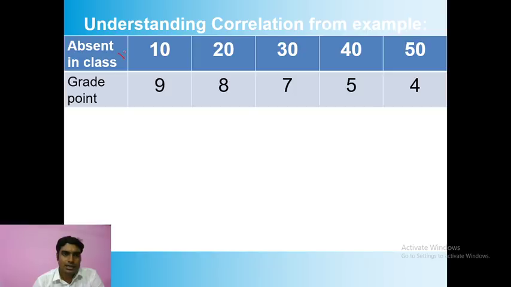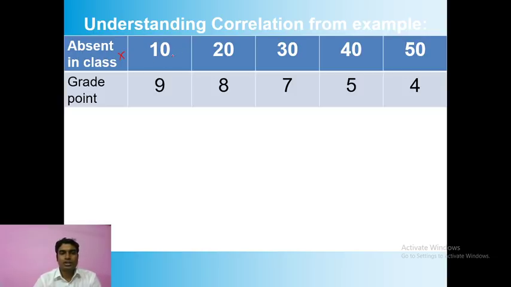Another example, let's say you have this data. The first variable is what percentage of classes one student is absent. If the total is 100 classes, 10% absent means 90 days the student is present.